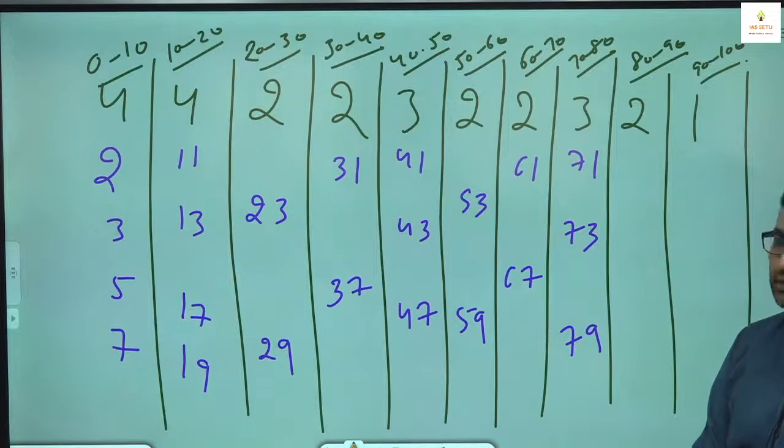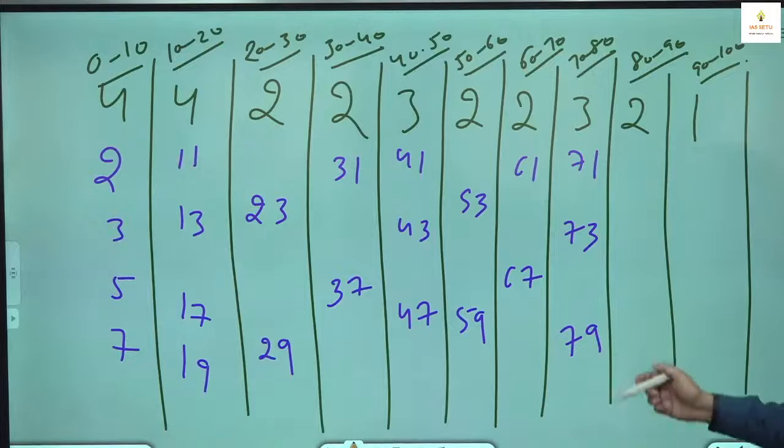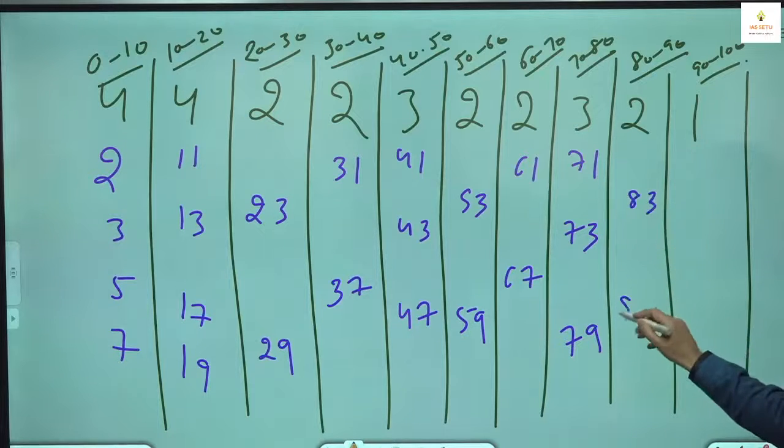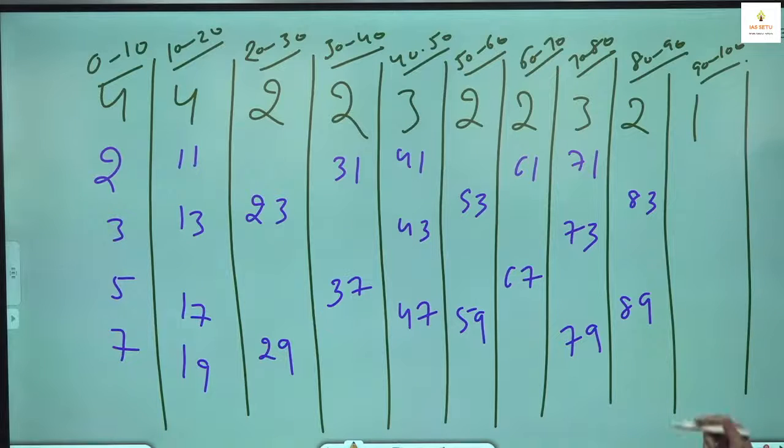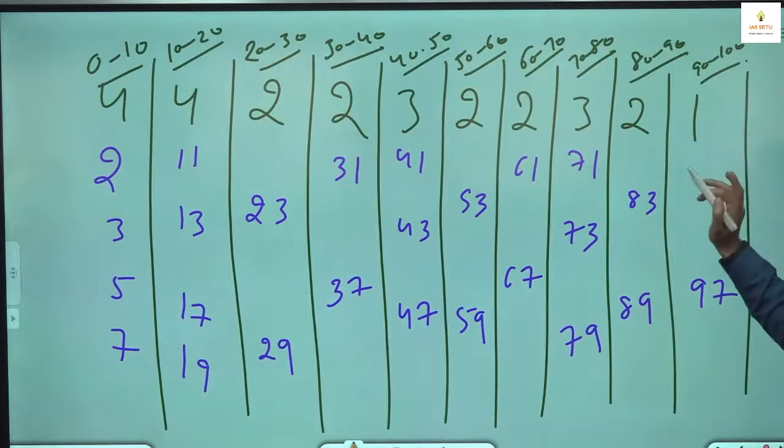77 is divisible by 7, तो 77 नहीं है यहाँ. फिर आता है 83, 89, then comes 97, because 91 is divisible by 7 and 13. Some students by mistake consider 91 a prime number.